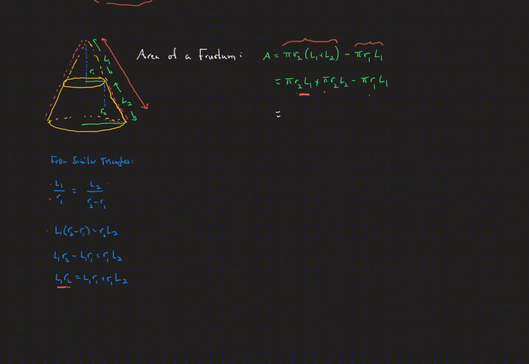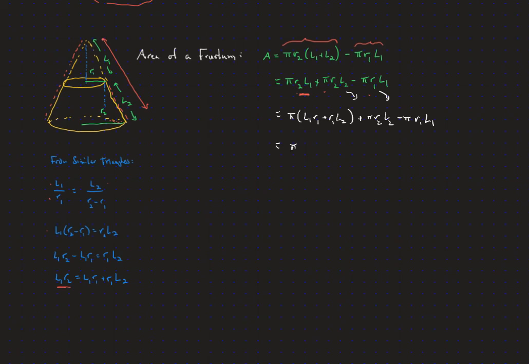So let's see what we've got. We've got pi times that R2 L1, which is now L1 R1 plus R1 L2, and then we still have this plus pi R2 L2, and also the minus pi R1 L1. Okay, so we can distribute that.